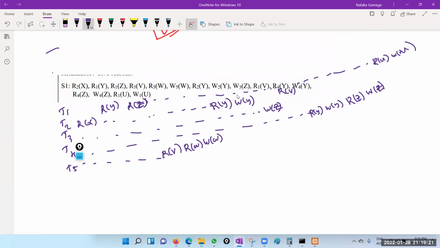Then when we draw the precedence graph, x and y have no issue; z, v, w are the same, no issue. On the y read, no issue, read and read, write. T1 to T2. Then this is z read, z write: T1 to T3.